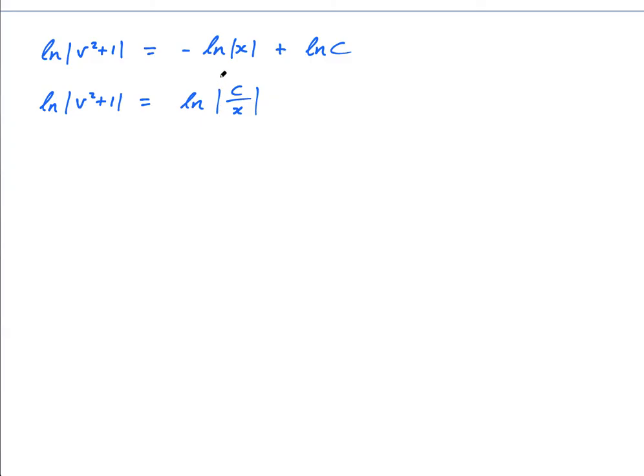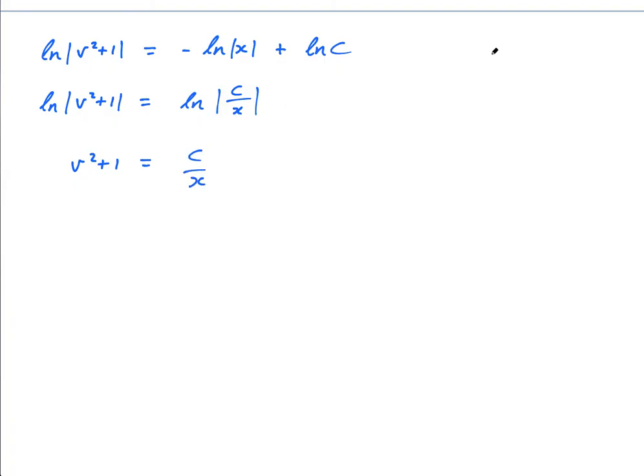I can put it in the modulus sign because c has to be positive. Now once it's in this form, I can take out the ln and the modulus sign, and I can say v squared plus 1 is equal to c over x.